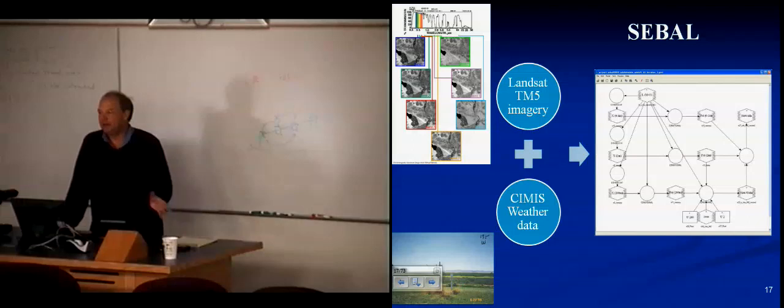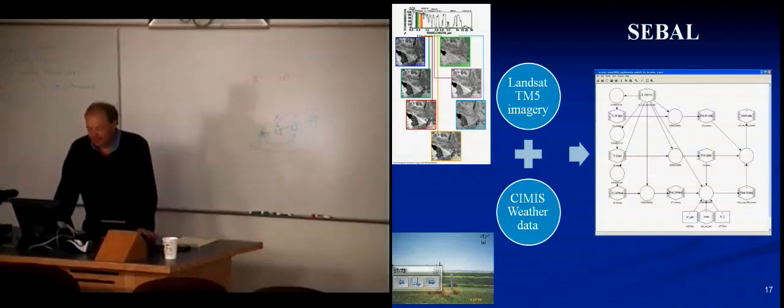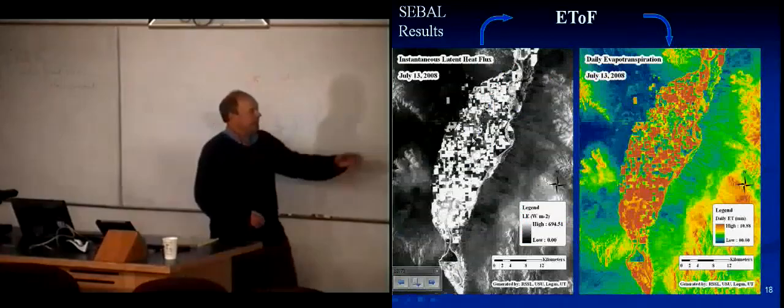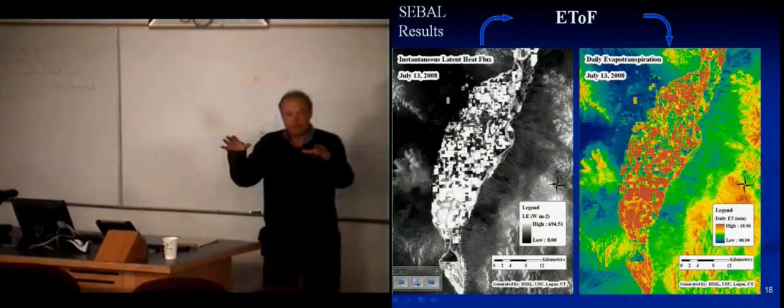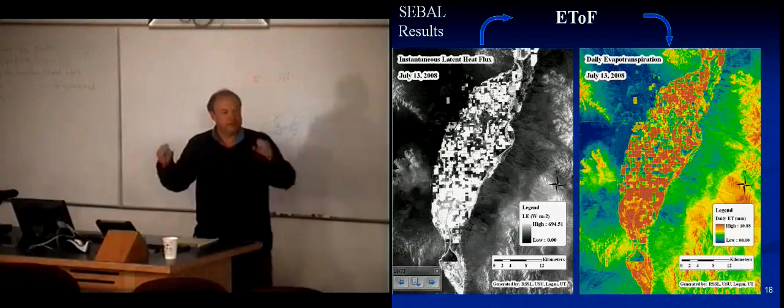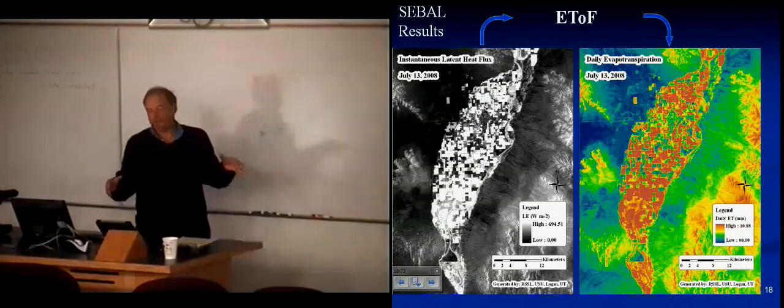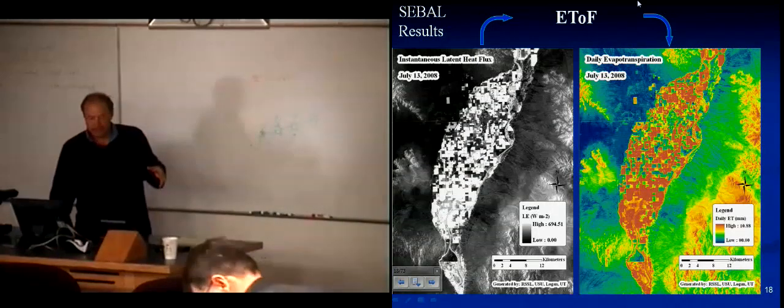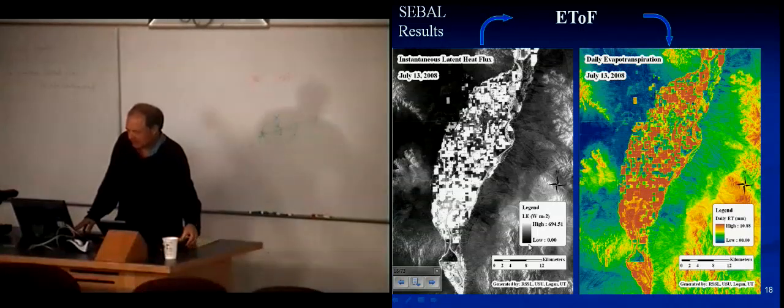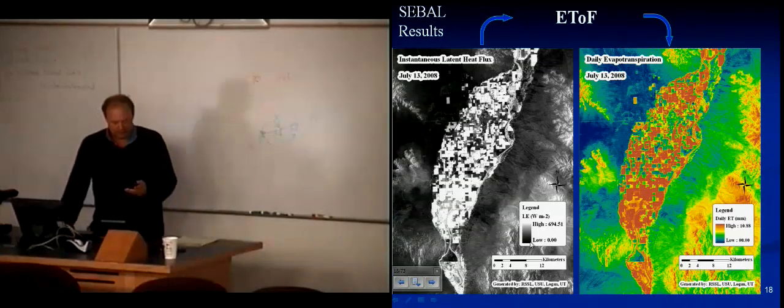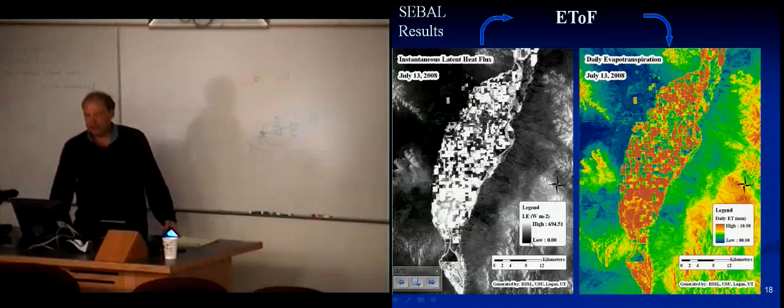a couple of models, but I'll just show the results for SEBAL, the Surface Energy Balance Algorithm for Land, that was developed by Wim Bastiaanssen in the Netherlands. Here we use remote sensing to estimate the net radiation, the sensible heat flux, the soil heat flux, and by rearranging this equation, we obtain the latent heat flux, which is the evapotranspiration.